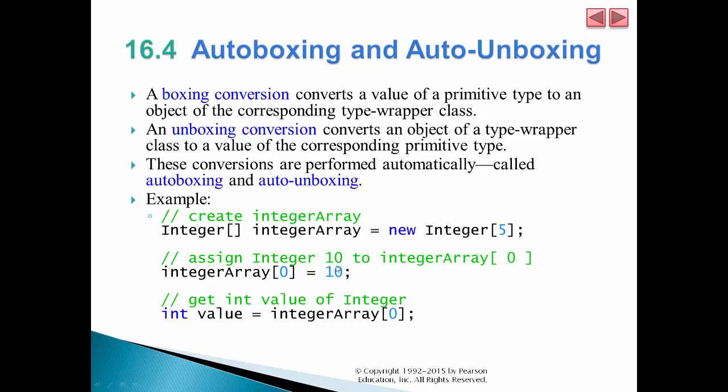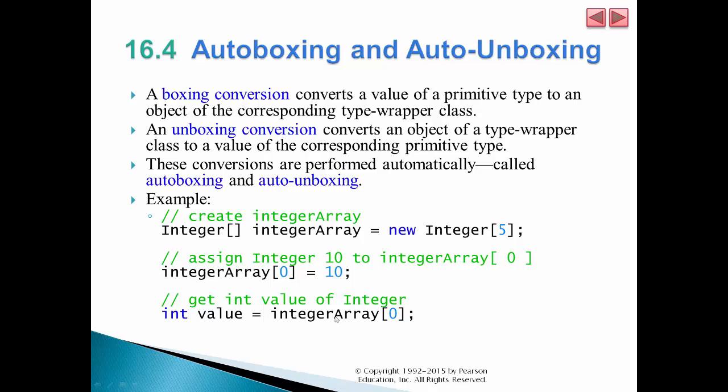So this is a primitive value, and because we declared an array for an integer class, this particular primitive value gets automatically boxed into an integer object, because this array is storing integer objects, not integer primitives, right?